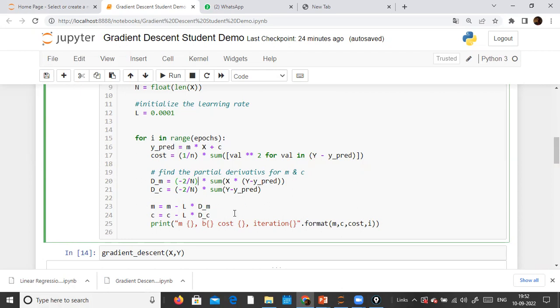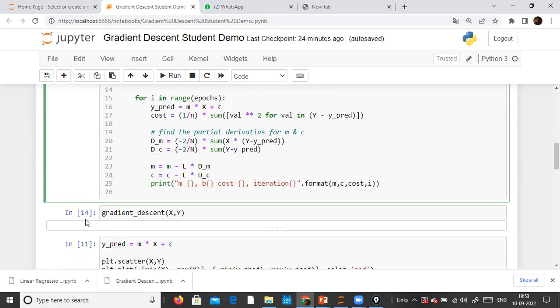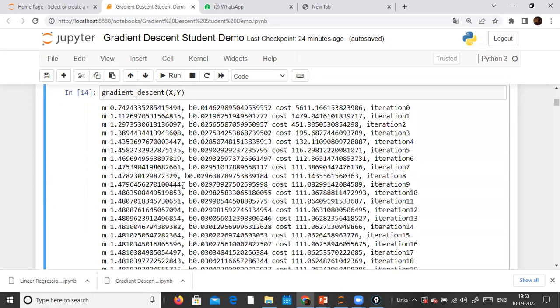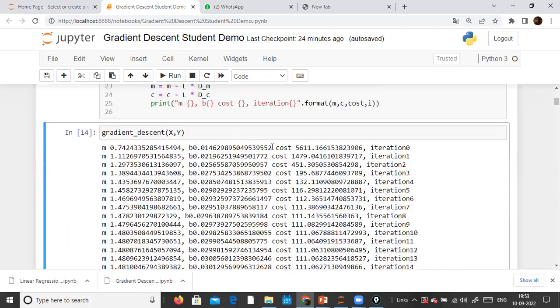For different values of MNC, you will get different predicted values. And along with that, when you compute the cost for each and every value of MNC, that's what we have seen, right? And when you print it, we should be able to understand, in each iteration for this cost, what is the estimated value for your slope and intercept.